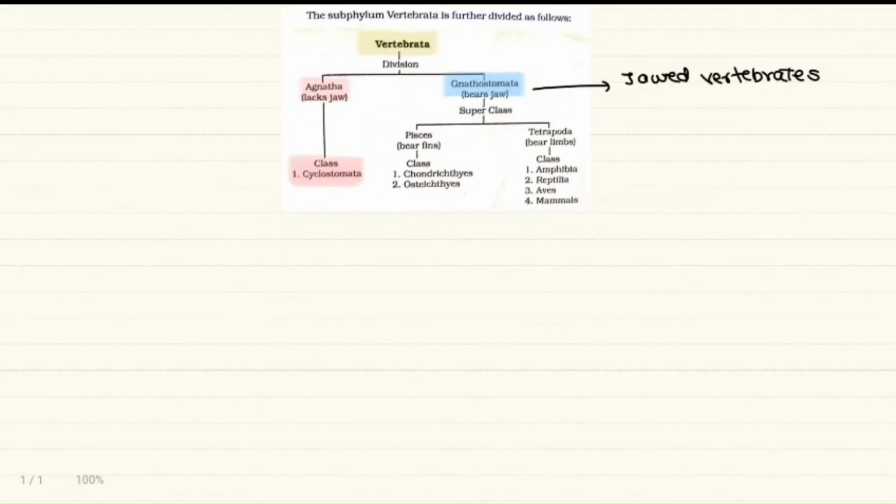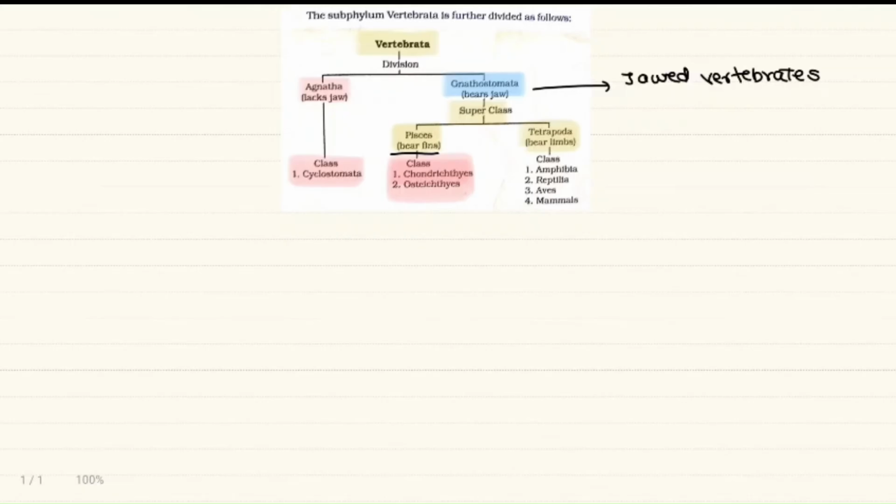Under Gnathostomata, we have superclass Pisces or fishes and Tetrapoda. Let's see about the fishes, that is Chondrichthyes and Osteichthyes. So why are they called fishes? Because they bear fins. Those that are present in the water and have fins are called fishes.